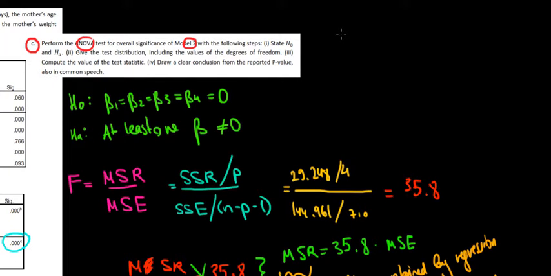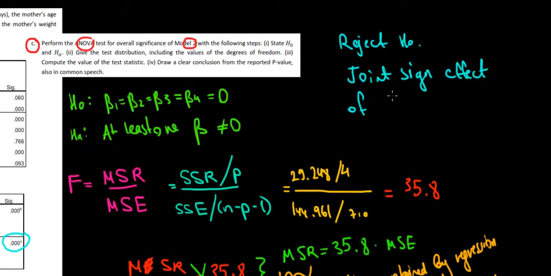So in conclusion, we reject the null hypothesis, meaning that we have a joint significant effect of the four variables taken together. And that's it. Hope this makes sense, and we are done.